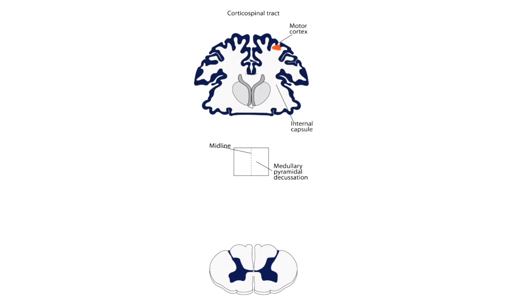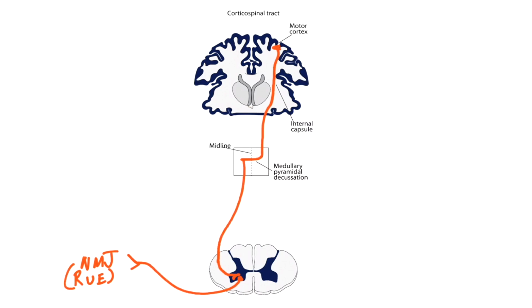Recall the pathway: the neuron travels down the internal capsule, and then it decussates at the medullary pyramids and descends in the white matter until it reaches the appropriate level. Then it enters the gray matter, the anterior horn, synapses, and then leaves through the anterior root to the neuromuscular junction. Damage could be anywhere along this pathway. So specifically, we're talking about the right upper extremity, which makes sense because this is a cervical spinal cord level.